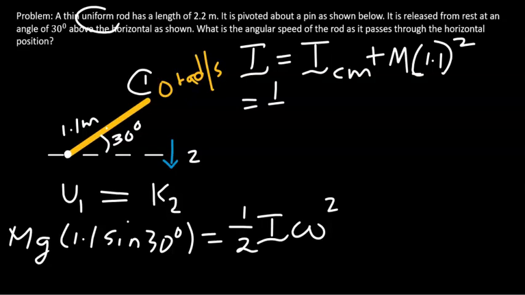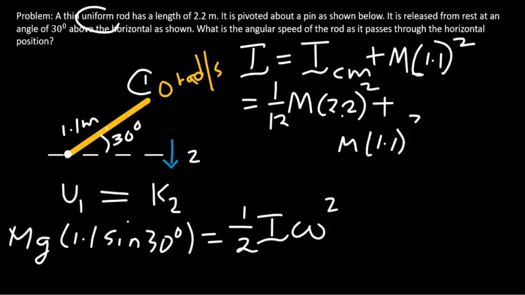The moment of inertia of a thin uniform rod about an axis passing through the center of mass is given by 1/12 times the mass times the length of that rod squared. In this case, it's 2.2 meter squared, plus the second term, mass times 1.1 squared. Now substituting this information in here, we can calculate omega.